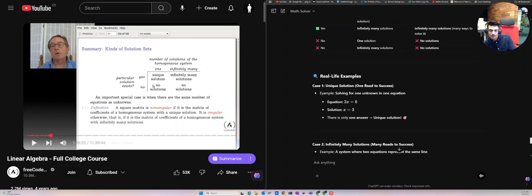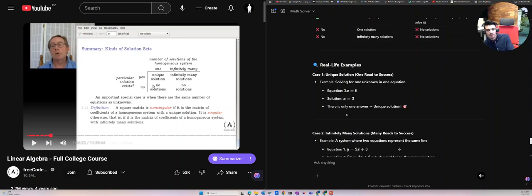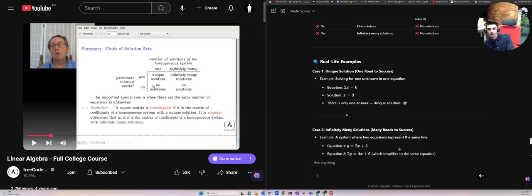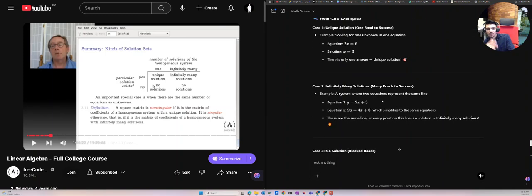Real life examples. A unique solution is one road to success. Example: solving for one unknown in the equation 2x equals 6, solution x equals 3. There is only one answer, a unique solution. Infinitely many solutions are many roads to success.